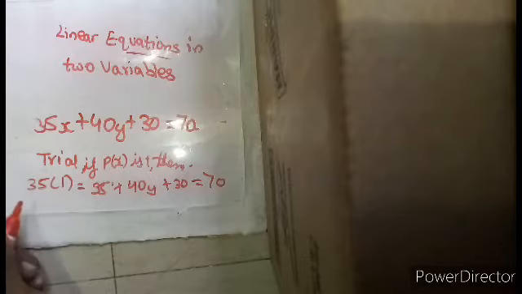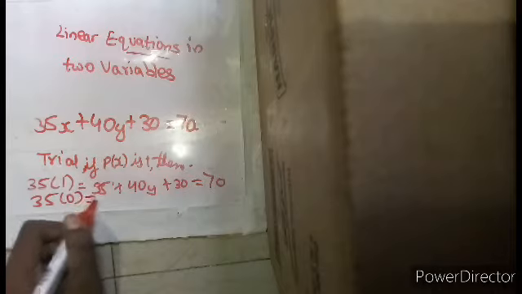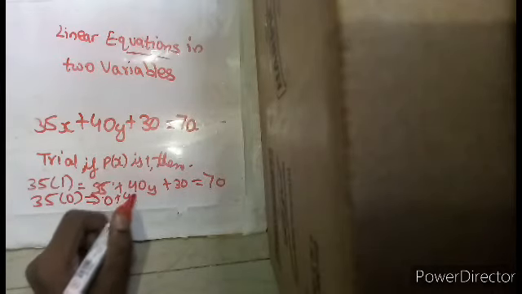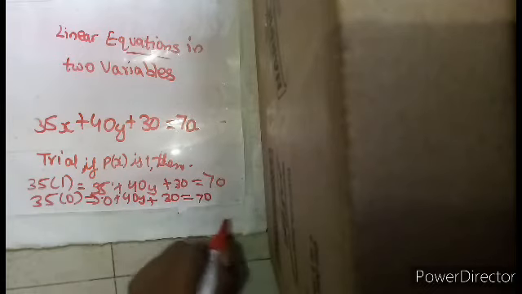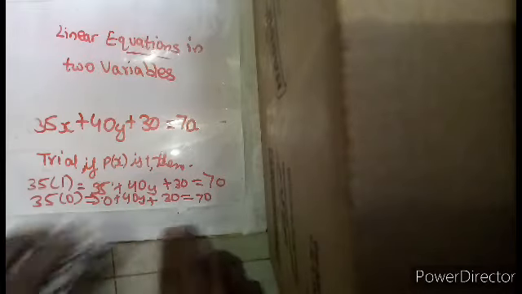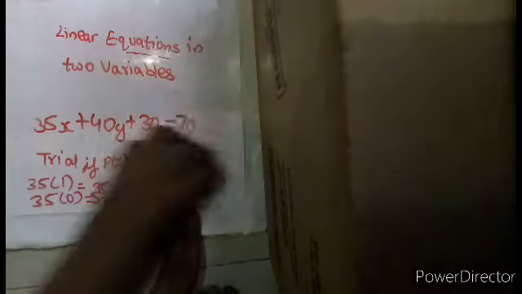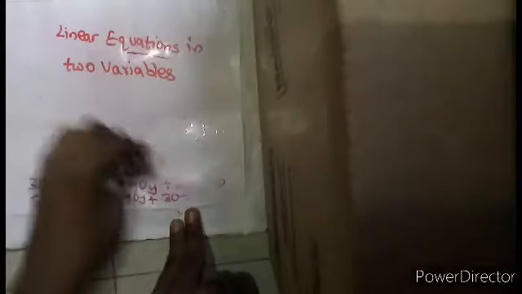Or else if you take x as 0, then it will be 0 plus 40y plus 30 is equal to 70. So if you take y as 1, you will get the answer as 70. Like this we can try to solve, and that's all we can do to get the solutions. You will be given equations like this and you have to try to solve them.